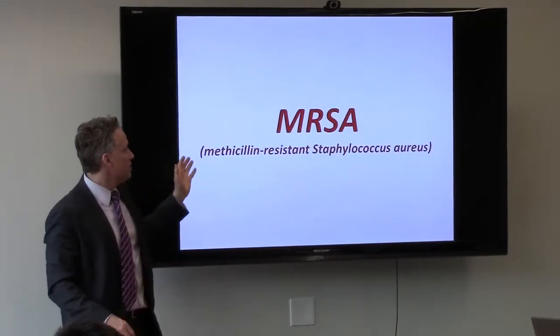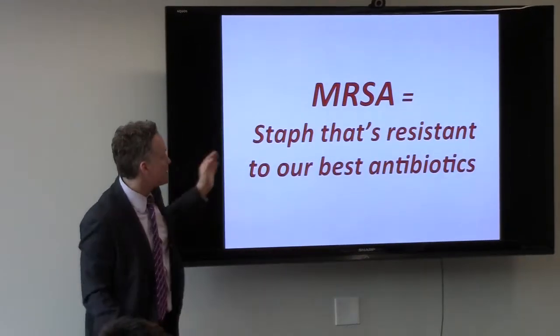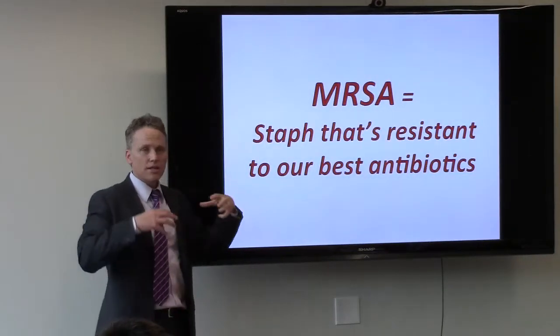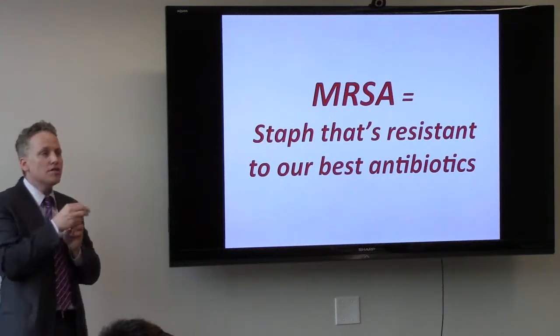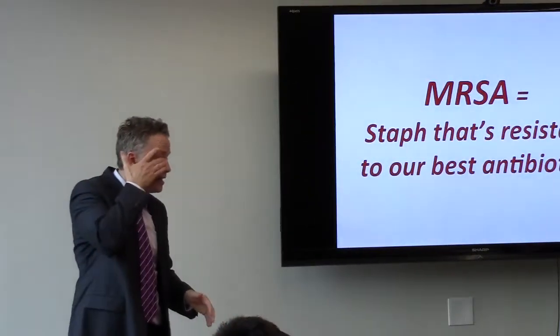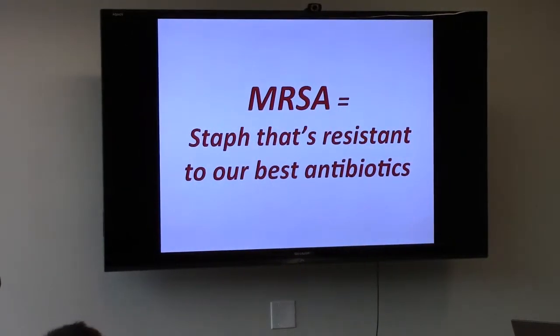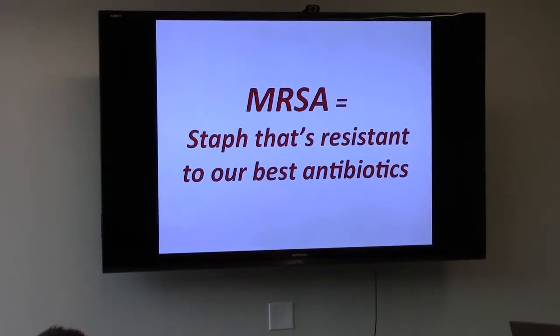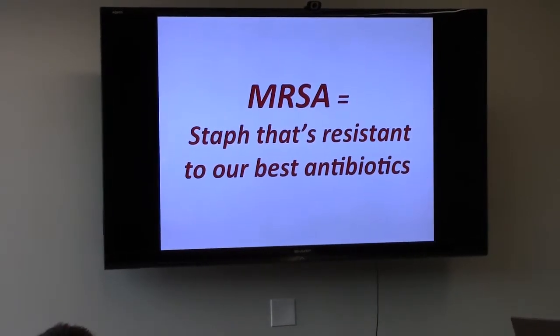Or methicillin resistant Staphylococcus aureus: that's just staph that's resistant to our best antibiotics. So diffuse the science as best you can. If you're going to use some terminology through your talk, define it early on, and define it in really simple terms. The challenge is being really simple and being accurate. So you have to maintain accuracy, right?